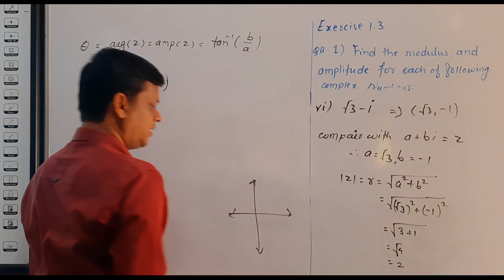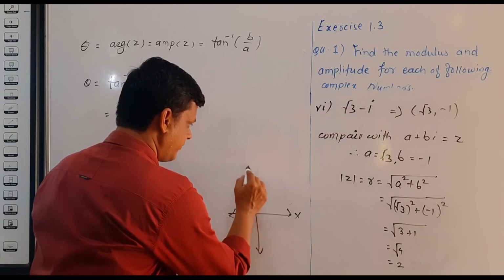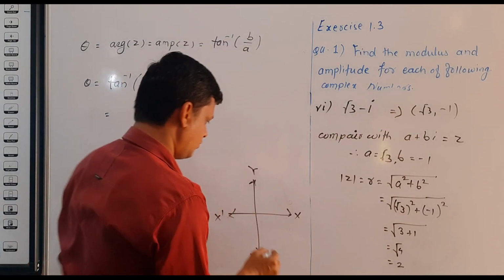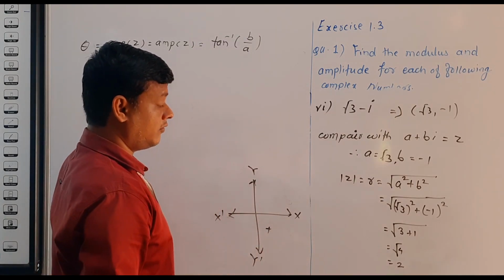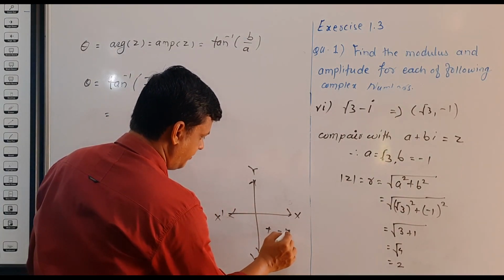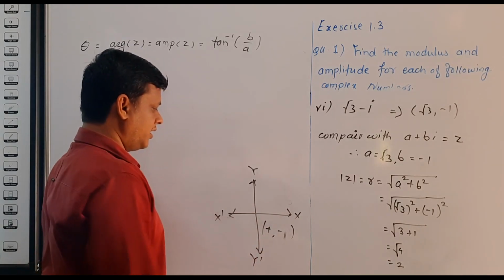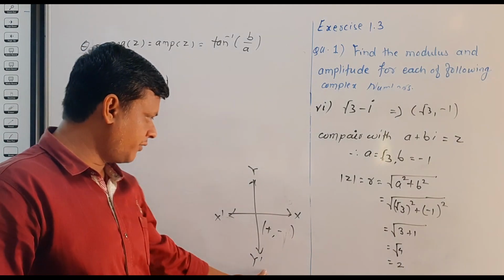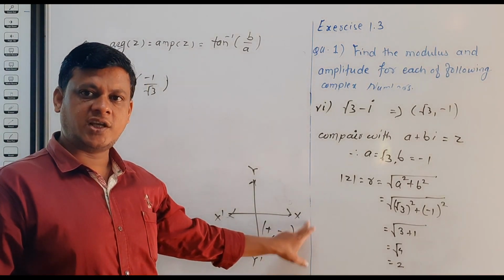Where is the sign plus and minus? x, y, x dash, y dash. The sign is plus, so x is plus, y is minus. So in the fourth quadrant, the sign is plus and minus. That angle must be between 270 and 360 degrees.